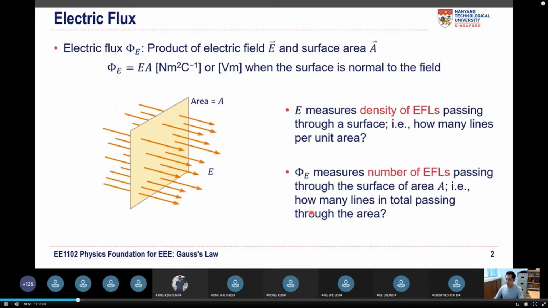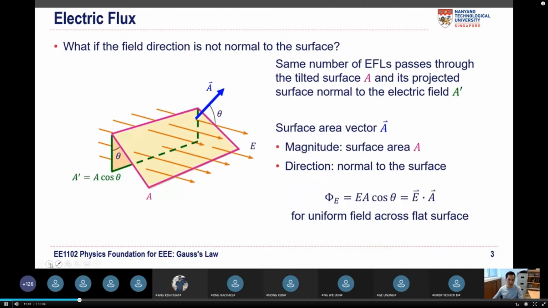This is considering that the lines passing through and the area are 90 degrees to each other. So what if they are not at 90 degrees to each other, but at an angle? That's the case that we will be looking at next.